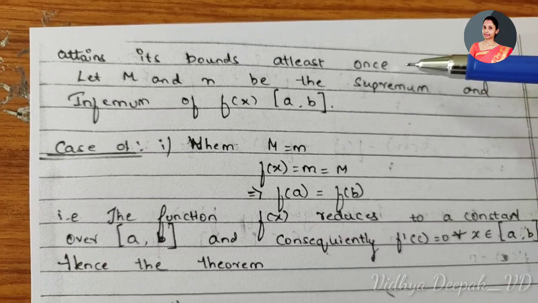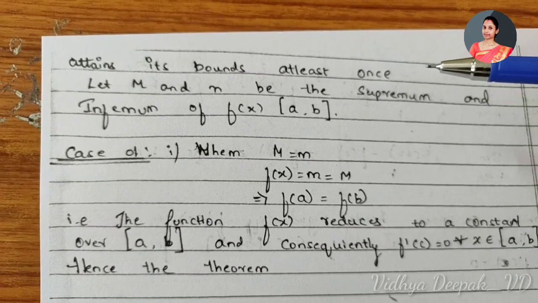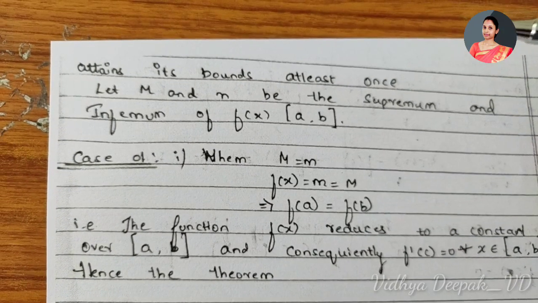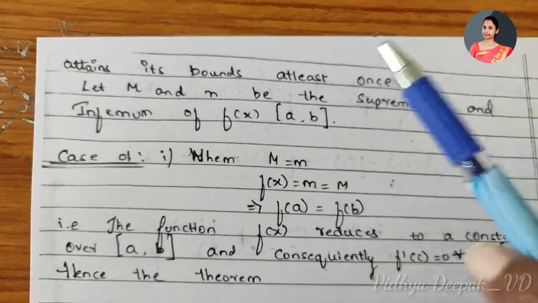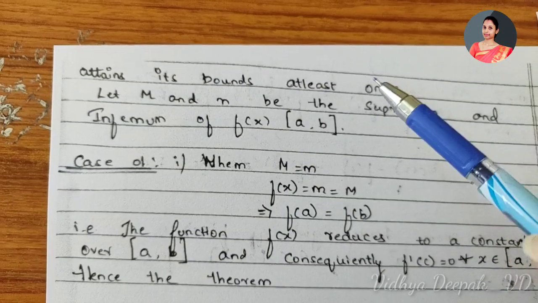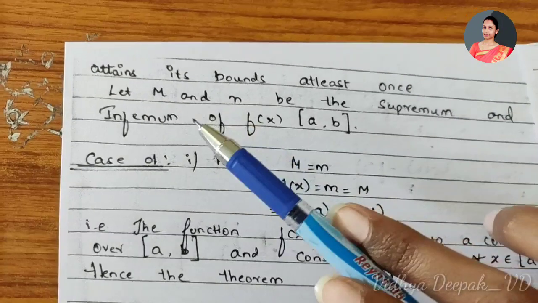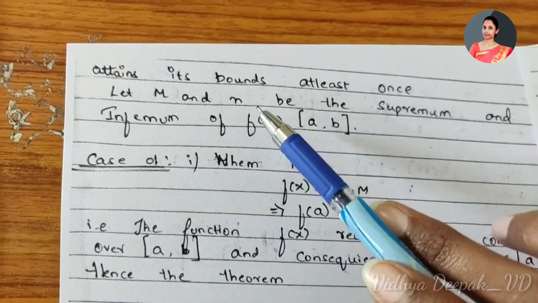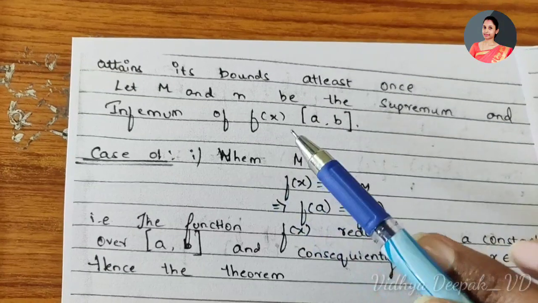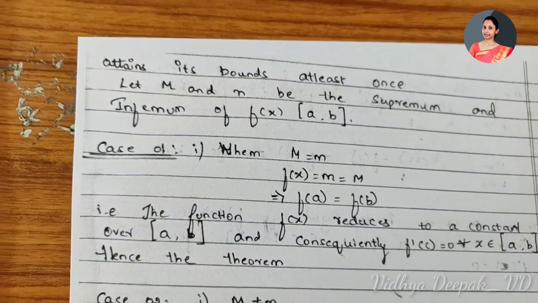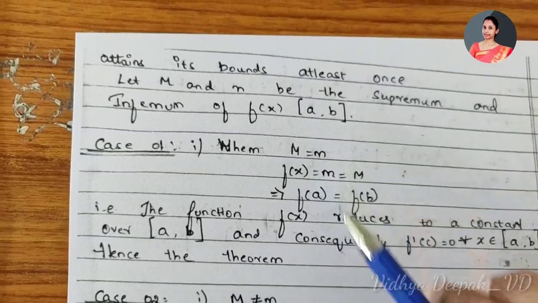Since we are taking f of x as continuous and we are saying that it is bounded, we can take that f of x attains its bounds at least once. Let capital M be the supremum and small m the infimum of the given function f of x in the closed interval a comma b.